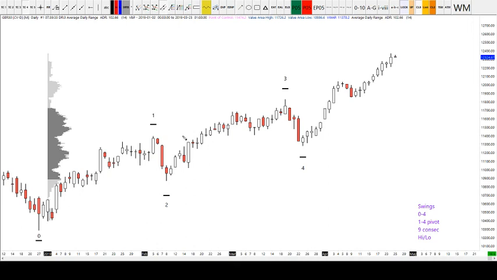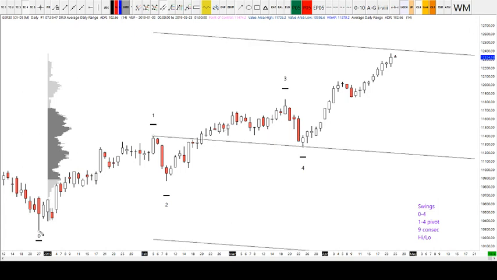So for example, if we take a 1-4 pivot, which will be literally the first to the fourth pivot, and then pull a line set of a parallel down to the 0 point here, it gives us a potential target for pivot 5. And we'll notice just how close we're getting to that particular area now, and that will be something that I'd like to watch and see how interesting it might be.